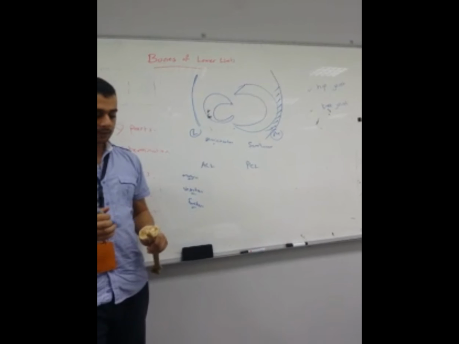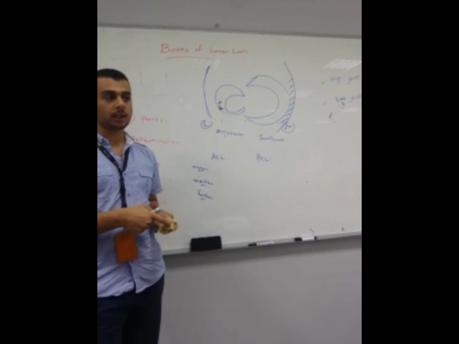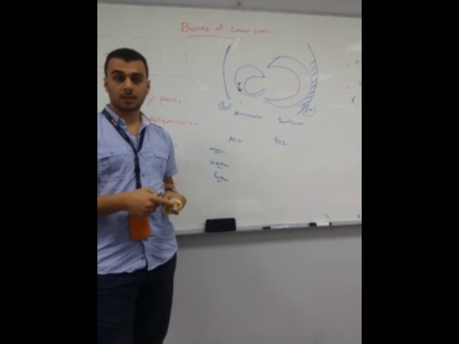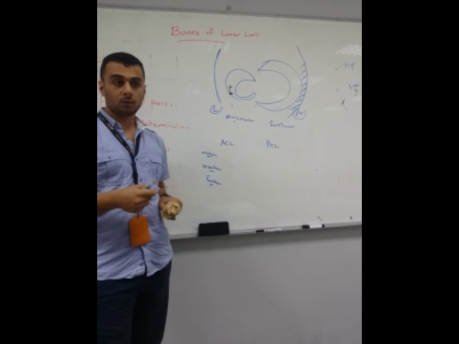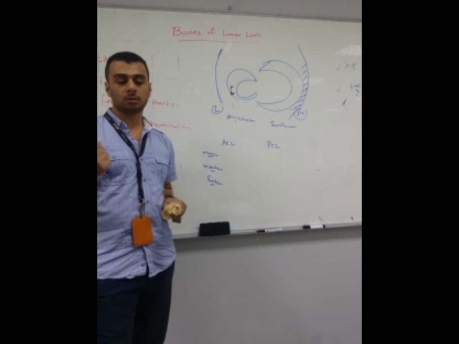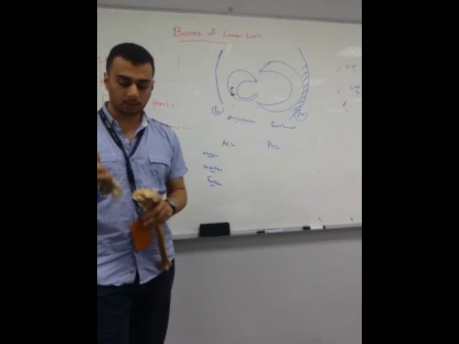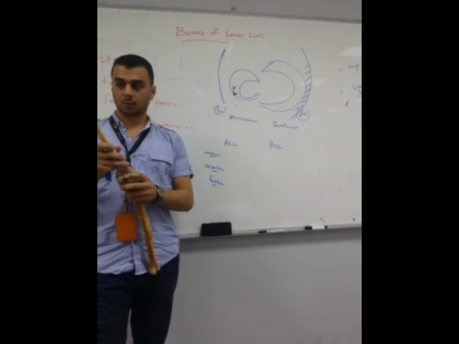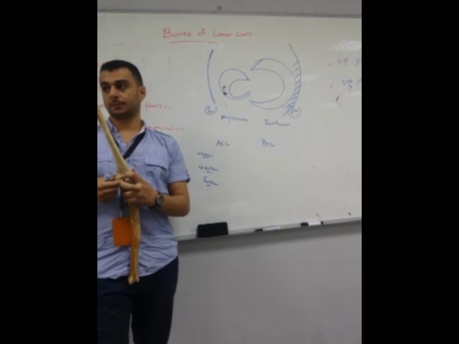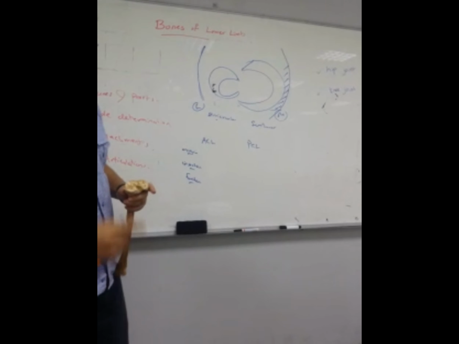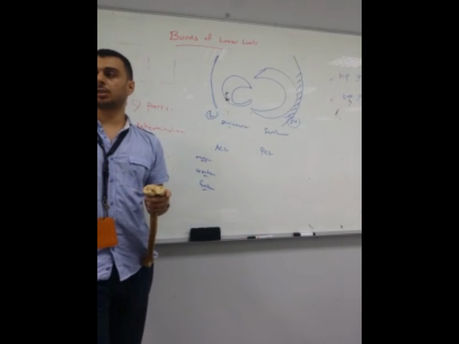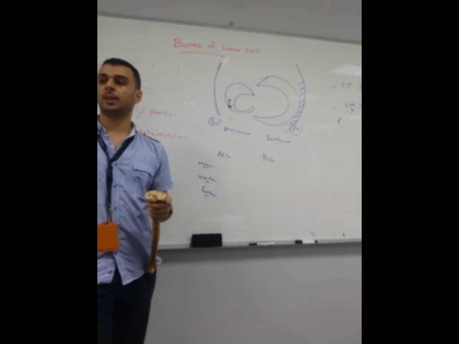ACL means that it comes from the anterior intercondylar area here, and goes back to be inserted into the lateral condyle. So it means to be inserted here. And the PCL comes out from the posterior intercondylar area and is inserted into the medial condyle of the femur.